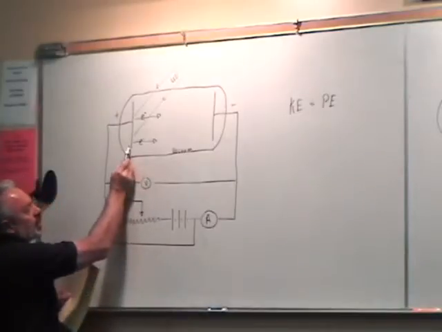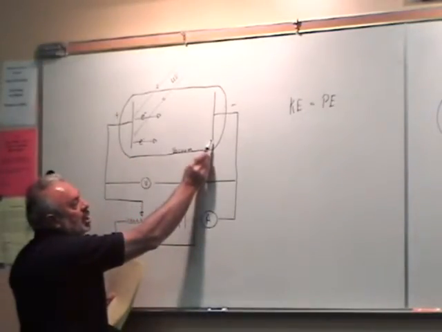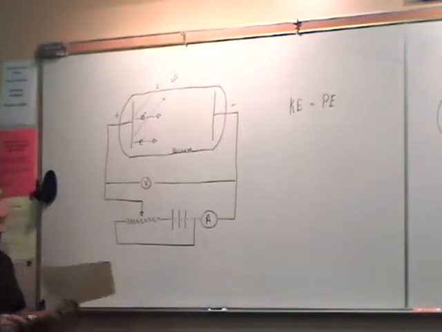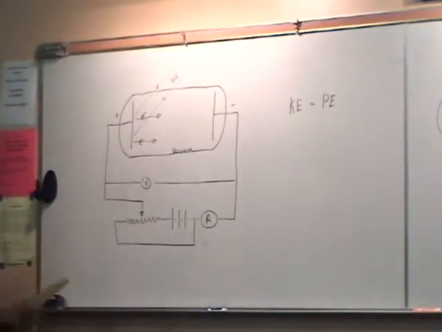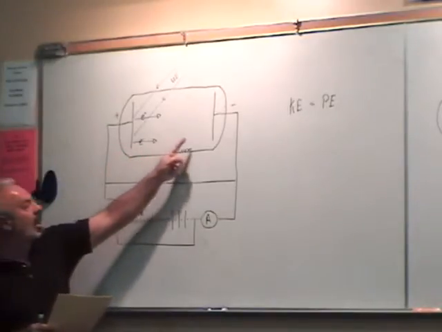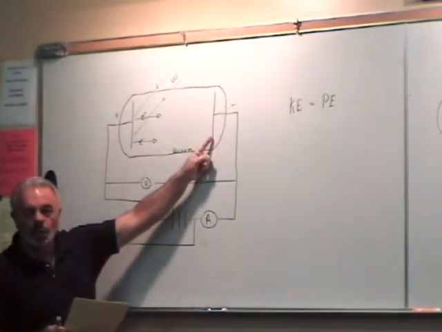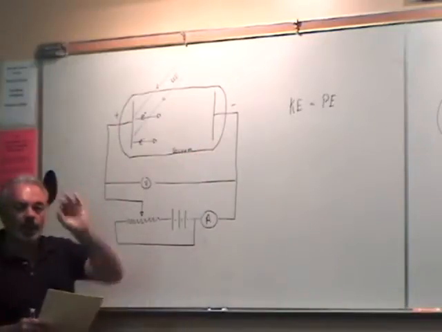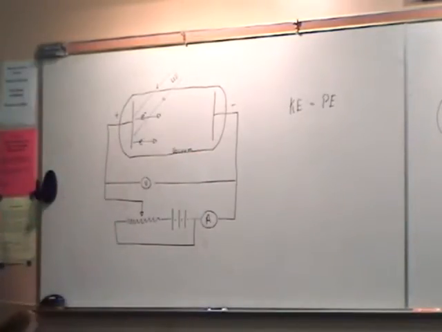So the kinetic energy when the electrons are emitted is equal to the potential energy when the electrons strike. I think you'll agree, if I have it set at just the correct voltage, then the electrons will fly across, just coming to rest when they reach the other plate. That's the point that we're looking for right there.